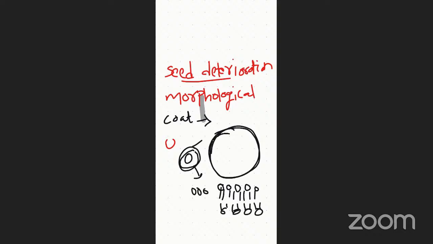This is the structure of the plasma membrane. But when it is affected by high temperature and high humidity, some black spots and lipid bodies appear. When you observe under the microscope, these lipid bodies appear in the plasma lemma. Based on the lipid body symptoms, you can understand that the seed has undergone deterioration.